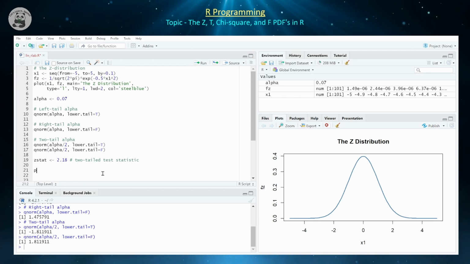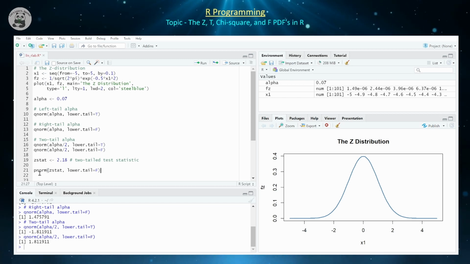So what we can do is we can do the probability associated to that particular z-stat value. For example, z-stat, let's say lower tail is equal to false. So what this is going to calculate is the upper tail probability associated to 2.18. So this is the probability that a z random variable is bigger than 2.18. We also want the probability that we're less than negative 2.18.